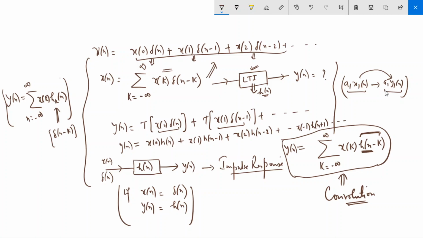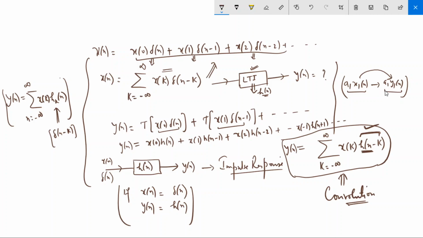If it is not time invariant, it means the delay in the input will generate different delay in the outputs. So in that case you cannot replace h_k of n with h of n minus k. But if it is a time invariant system, then only you can have this equation.